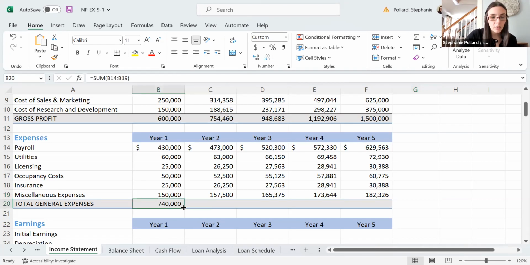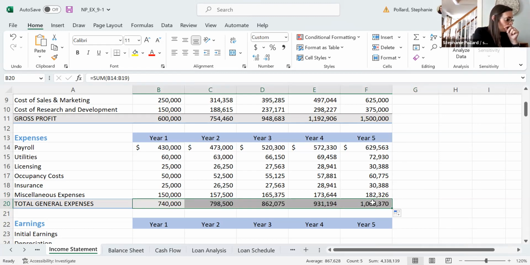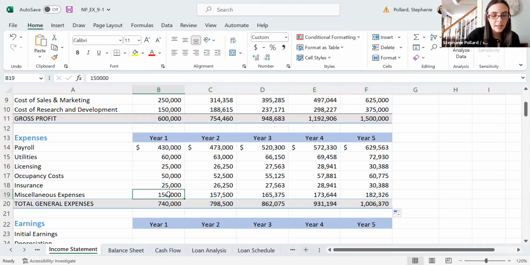All right, and let's also copy over our total expenses. And see if these are copying the right way. Let's see, I think I have an error somewhere. I do. See my error right here? You guys see it? I wrote 150,000 for miscellaneous expenses.